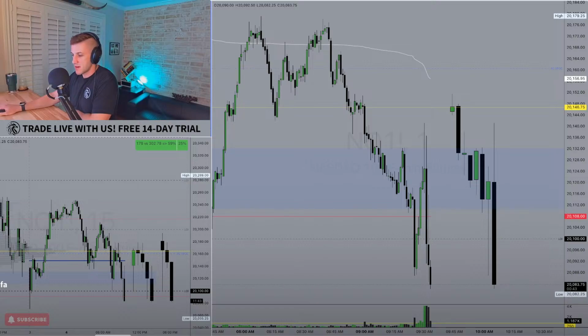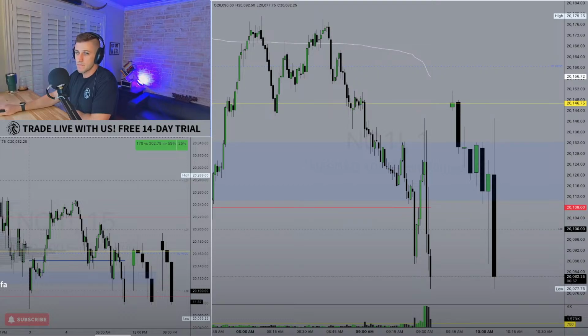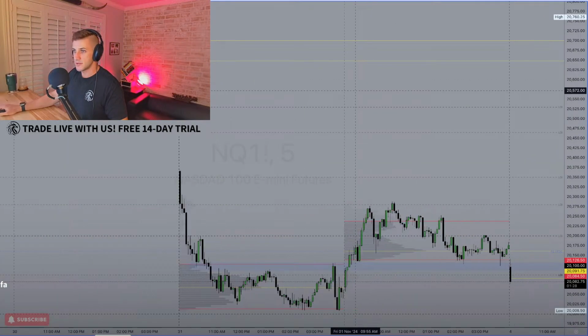Few points off of that overnight low here. Let's see how that overnight low is treated. Here's a look at that current near-term structure.